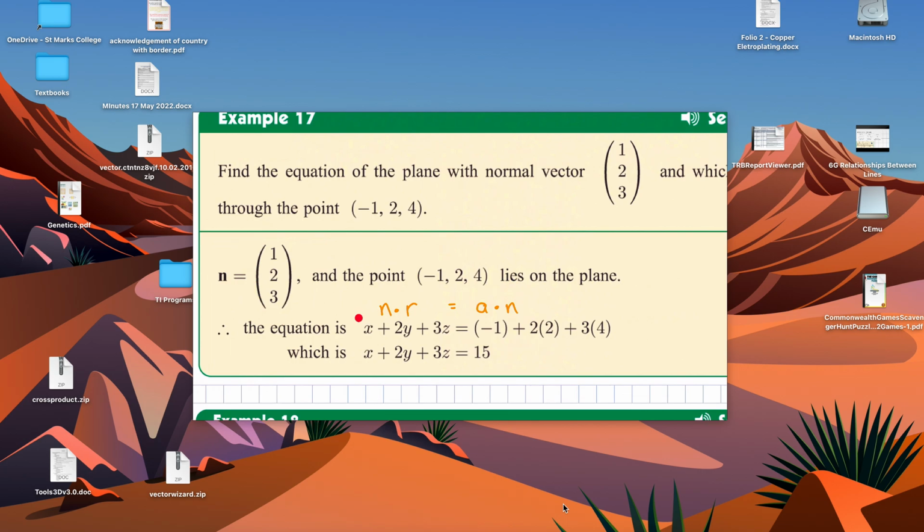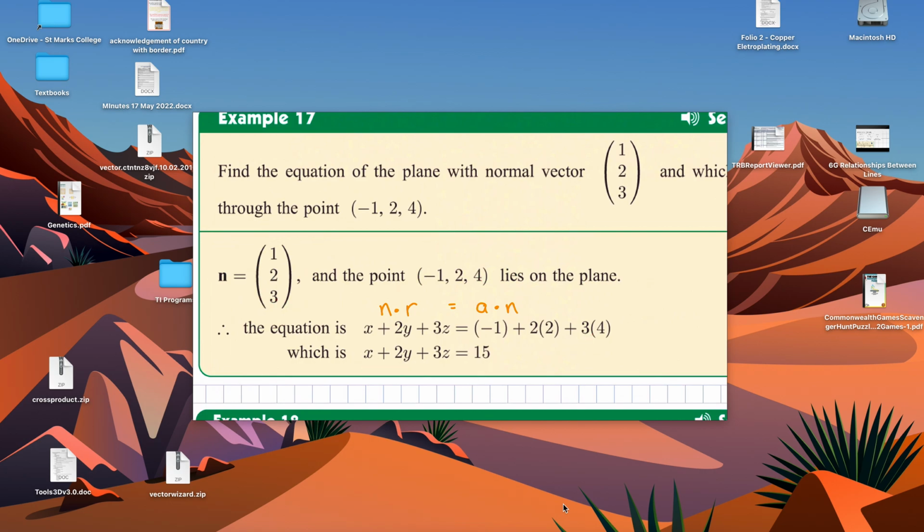So we've got 1 lot of x, plus 2 lots of y, plus 3 lots of z, and it equals, on the constant side, our a dot n. This is our a point, which is effectively the vector minus 1, 2, 4, and we multiply each one, dot product, by those. So minus 1 times 1, 2 times 2, and 4 times 3. So there is our equation.